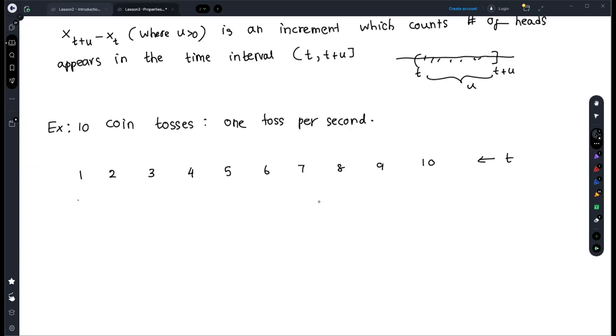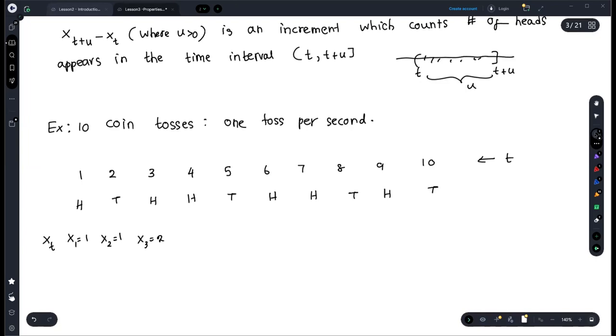And suppose these are the values I got. So how do you write X_t? Can you fill it? x1 equals 1, x2 is still 1, x3 is 2 heads now. Likewise, can you fill it?